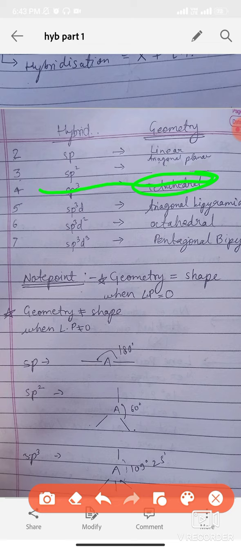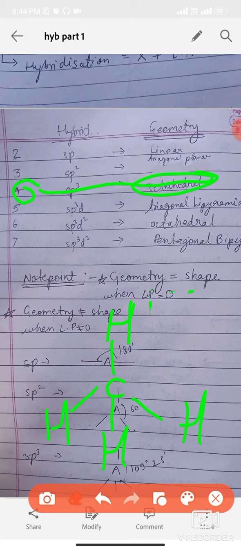We have no need to learn the geometry; we have to see the number of hybrid orbitals. In that case it is 4. So it will be like one here, one here, one here, one here, and in between the central atom C. So this is H, this is H, this is H, this is H. This is the simplest way to draw the geometry.